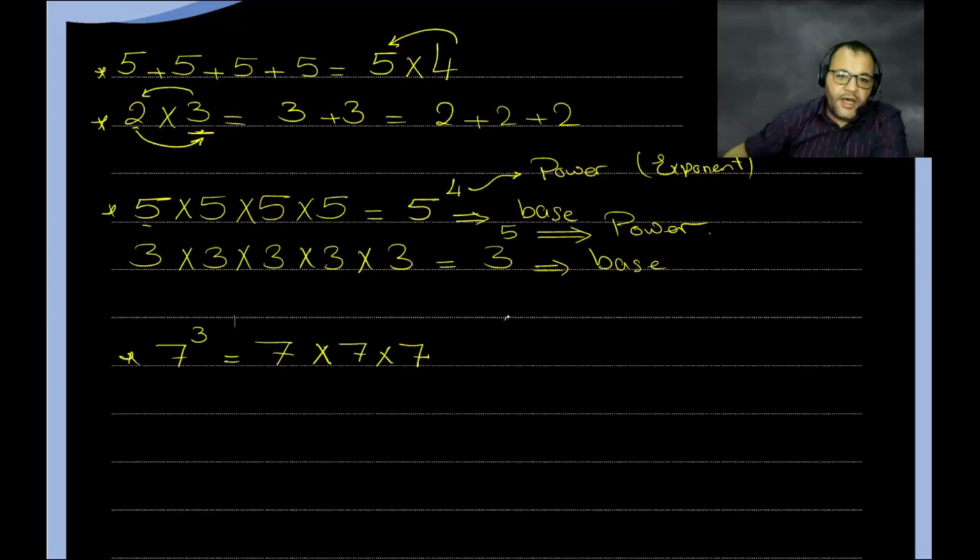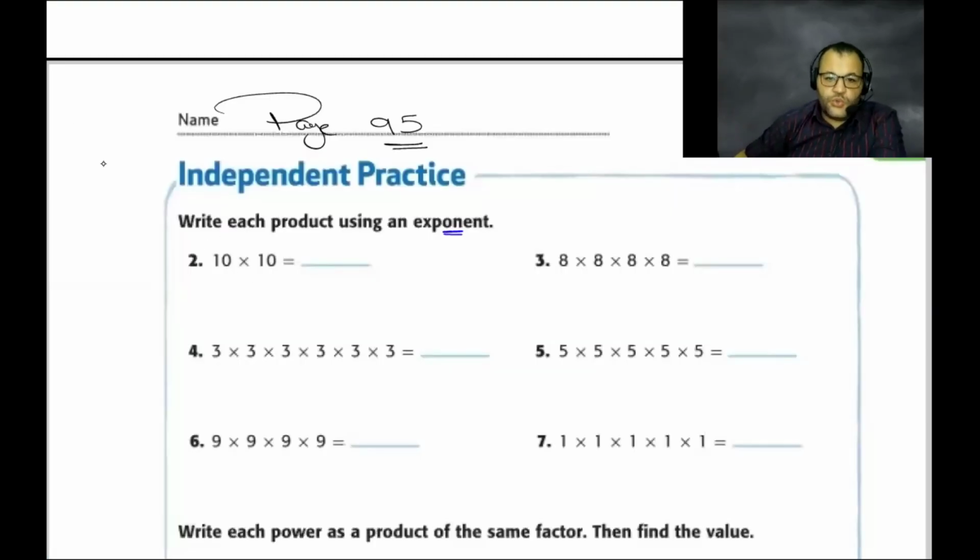So again, question number 2. 10 is repeated 2 times, so it will be 10 to the power 2. That is the meaning of write each of the following using exponents: I need to convert from multiplication form to the exponent form, or power form.